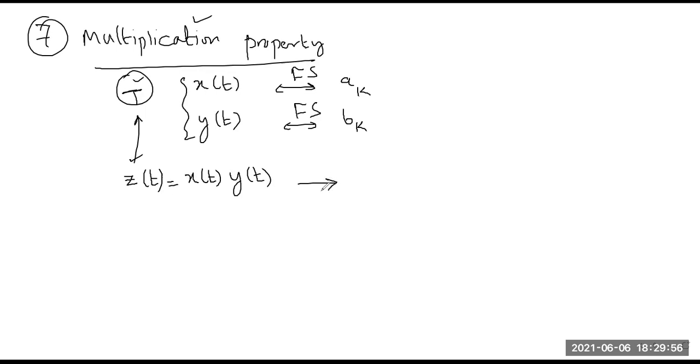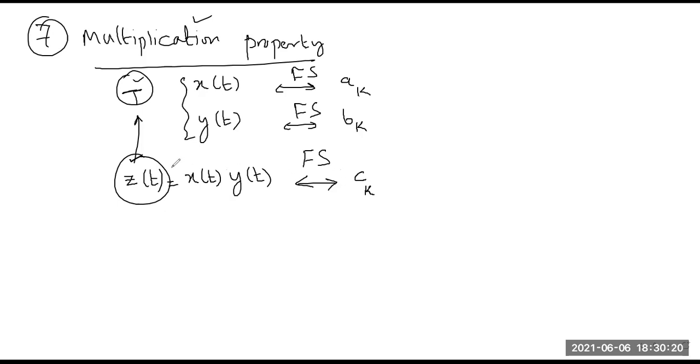Now the question is, what is going to be the Fourier series pair for this new signal, which is formed by the multiplication of two periodic signals? Let me represent the Fourier coefficient by ck, and let me write the property, and then we will try to prove it.